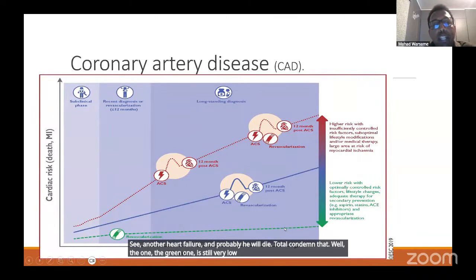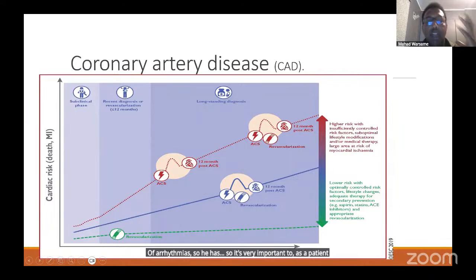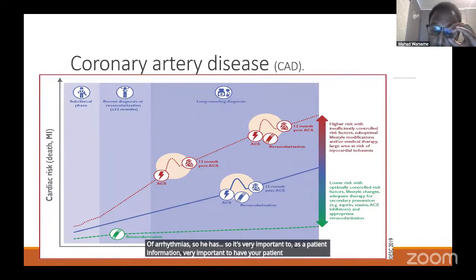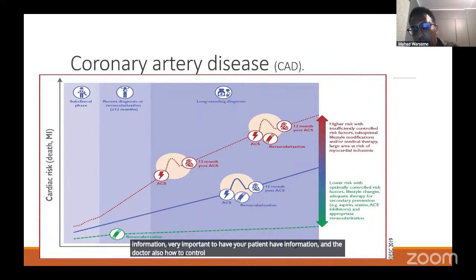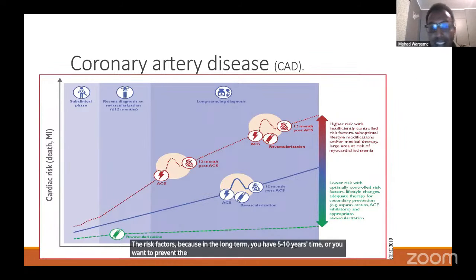He has very low risk of developing heart failure, a heart attack, or dying of arrhythmias. So it's very important for the patient to have information, and the doctor also, on how to control the risk factors, because in the long term, over 5 to 10 years, you want to prevent the development of heart attack or heart failure.